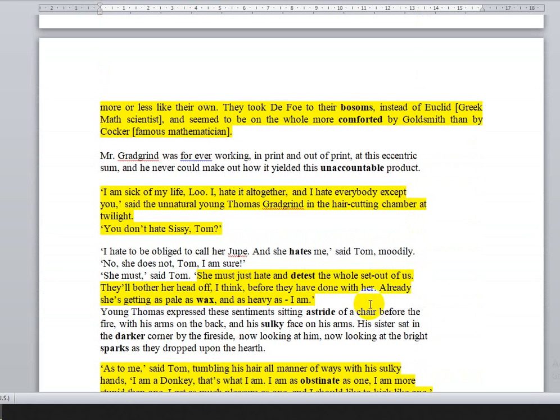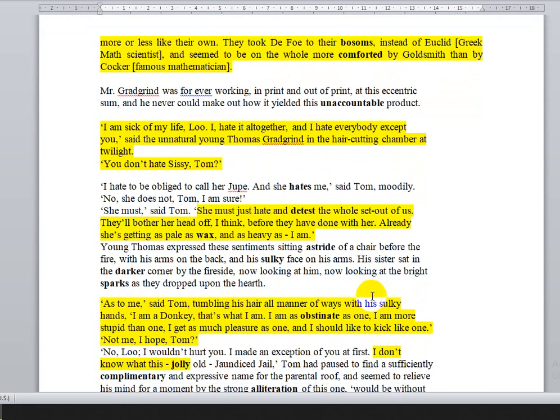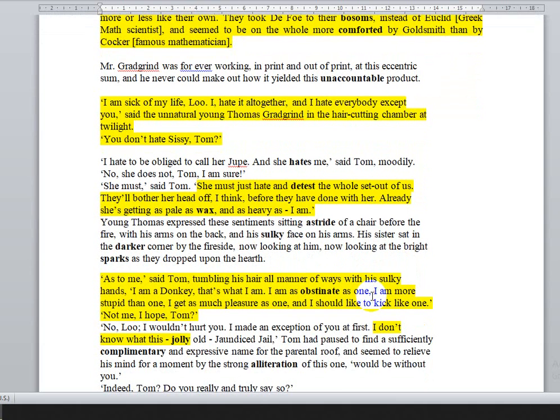The other point is a conversation between Tom and Louisa, which explains in detail how they feel and their viewpoints towards the School of Facts.